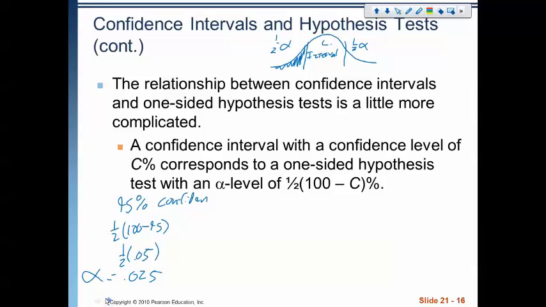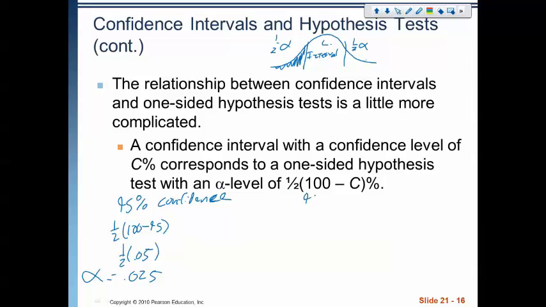If it's a one-sided hypothesis test, and we have a 95% confidence interval, then the alpha value associated with that is 0.025. Because remember, on a two-sided test, those two things together add up to 0.05. If I'm just looking at one side of the test, then I'm just looking at that side only.